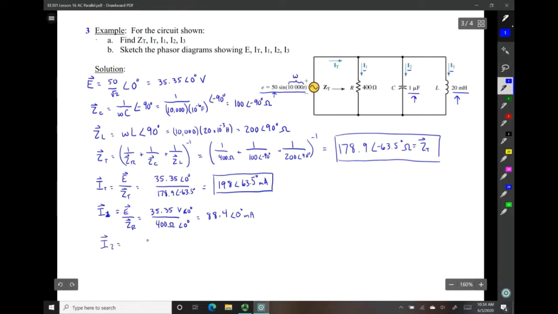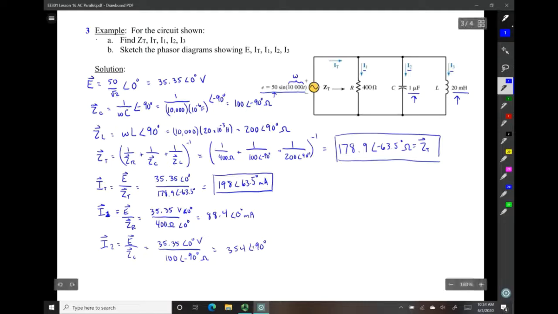Then we have I2, same procedure, just put in Z of C, and Z of C is 100 ohms with a minus 90 phase angle, giving us 354 milliamps with a positive 90-degree current, right?